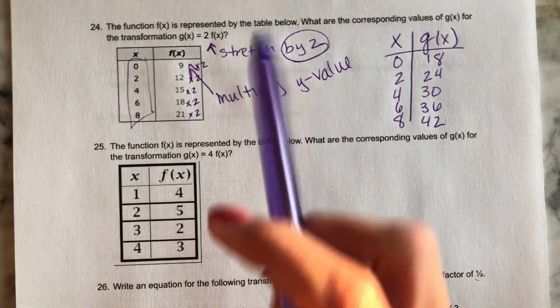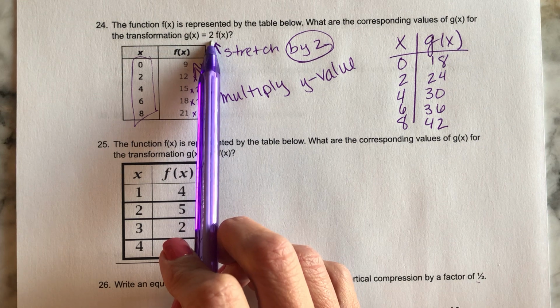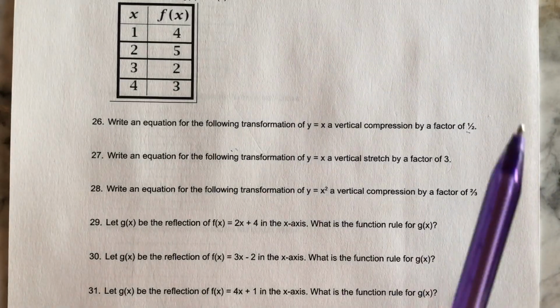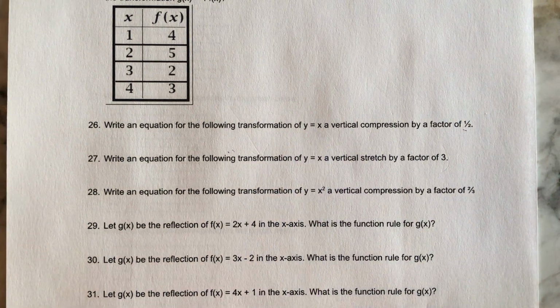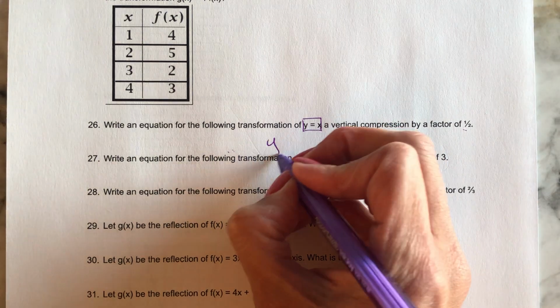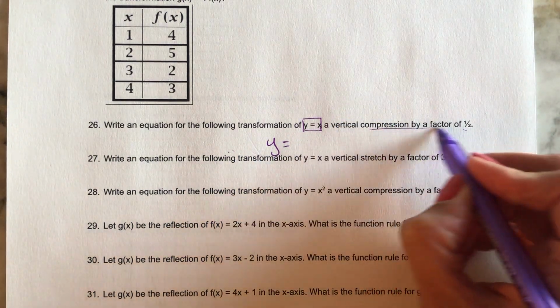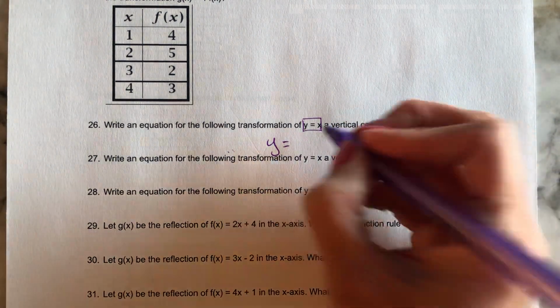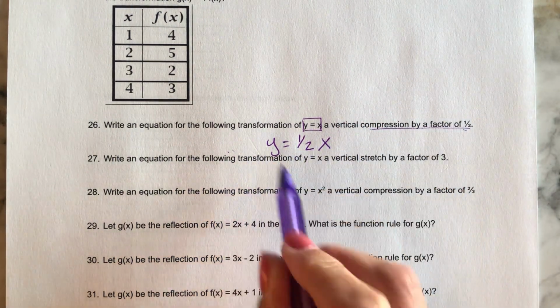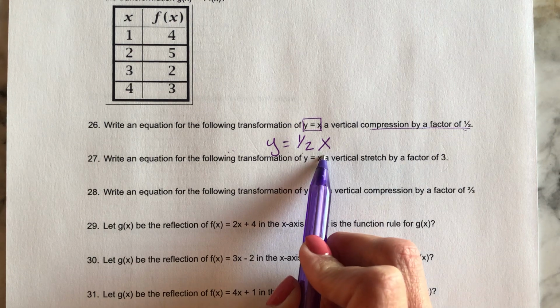Just like what we saw up here, that was a stretch of 2. That function is being multiplied by 2. We're going to do the same thing down here. So my parent function is y equals x, and then it's compressing by a factor of 1/2, so that half just goes out in front of the x. So the answer is y equals 1/2 x.